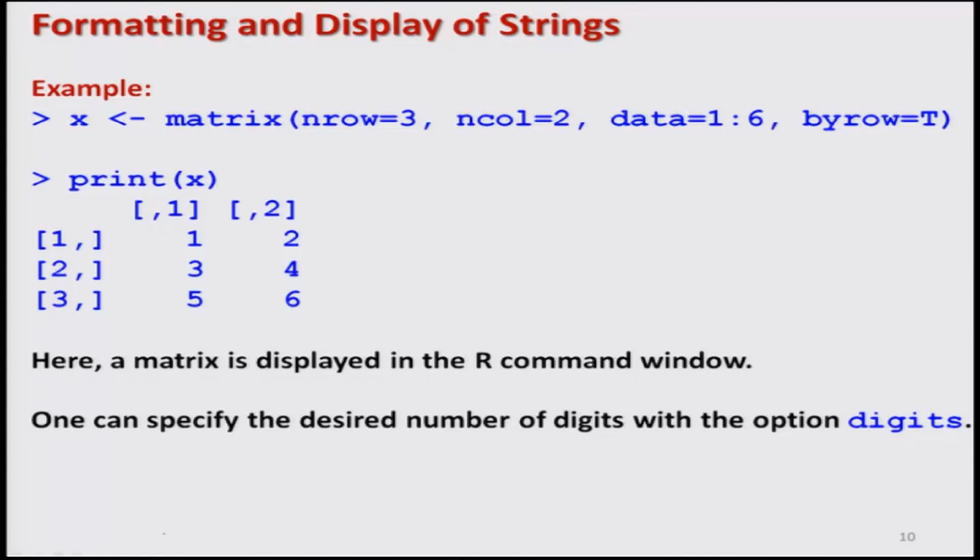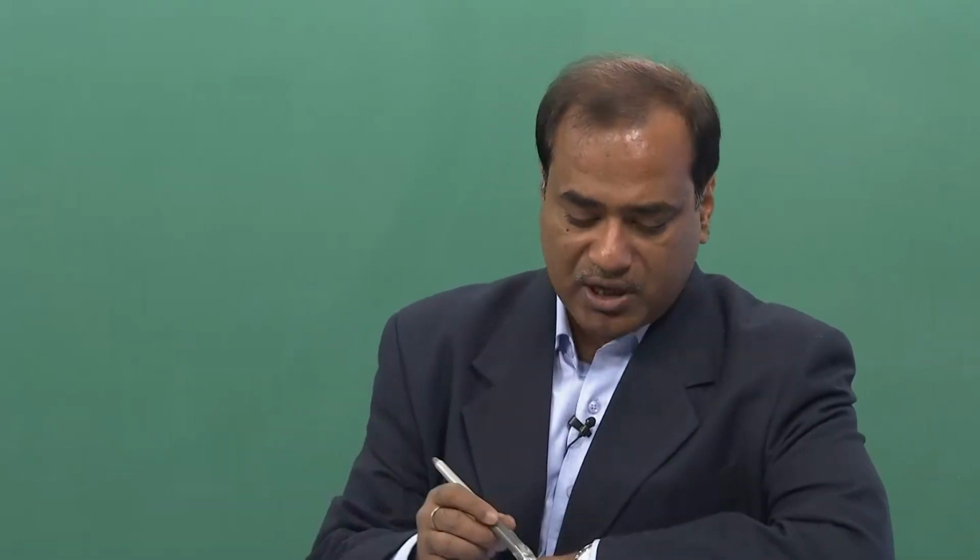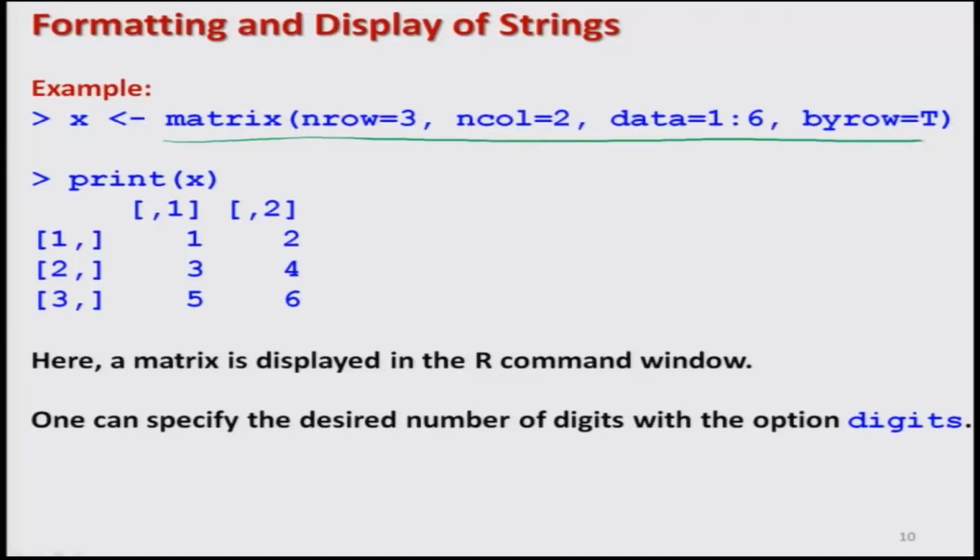Now I take another example, where I am using the print command over a class matrix. As we had discussed, this print command can be used with any object class. So, I define a matrix like this, which is a 3 by 2 matrix with 3 rows, 2 columns, and data from 1 to 6, arranged row wise. And if I give print x, this prints the outcome of x.